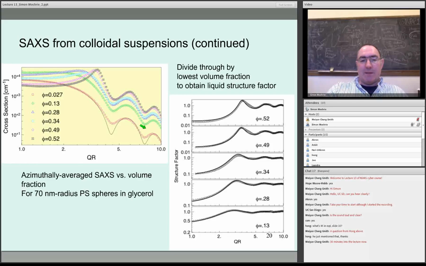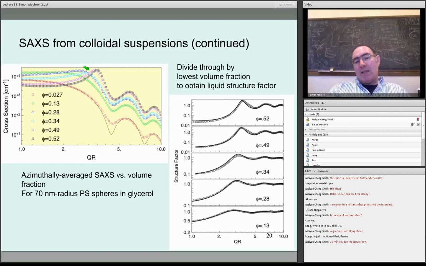Now, what you can see when you increase the volume fraction is that although some of these bumps and dips remain more or less the same shape as you increase the volume fraction, there's clearly a peak that starts off over here, moves here, and then here and here as you increase the volume fraction. And this peak is the liquid structure factor peak of this colloidal liquid.